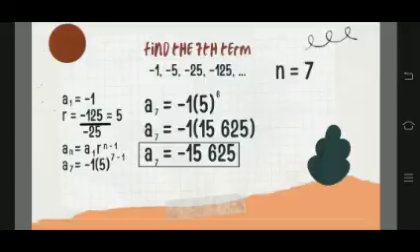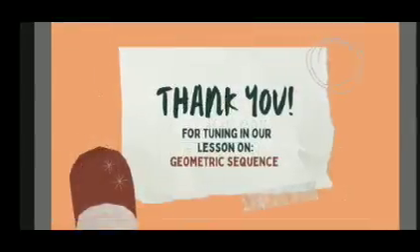Since 5 raised to 6 equals 15,625, multiply 15,625 by negative 1, and our final answer is a sub 7 equals negative 15,625. Our seventh term is negative 15,625.